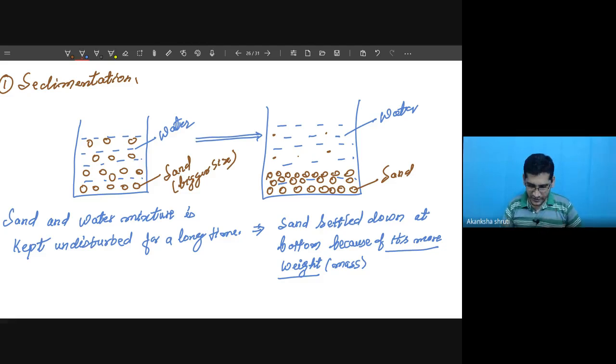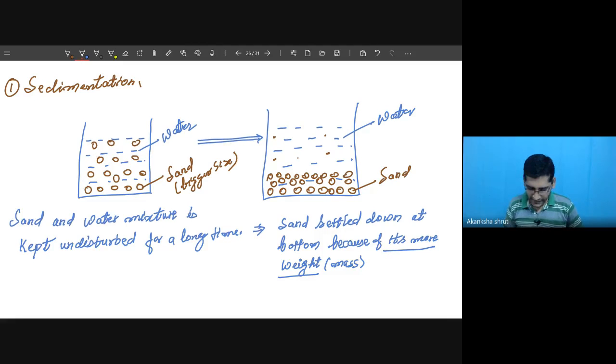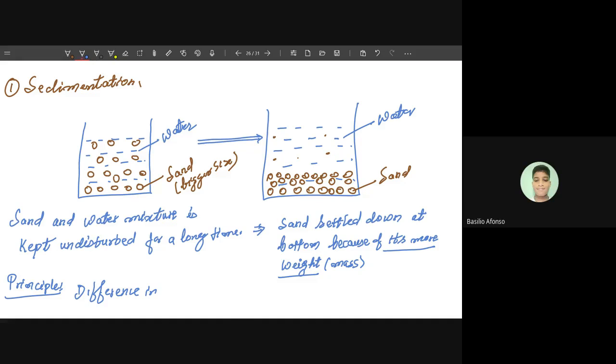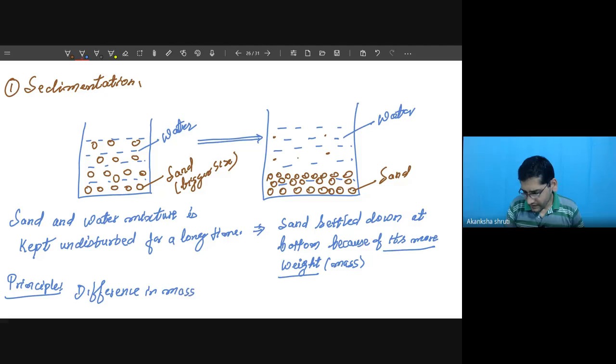So if you are asked what the principle is, the principle is the difference in mass of different components of a mixture.